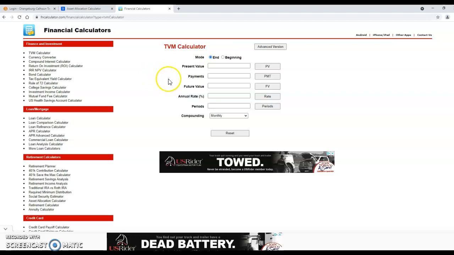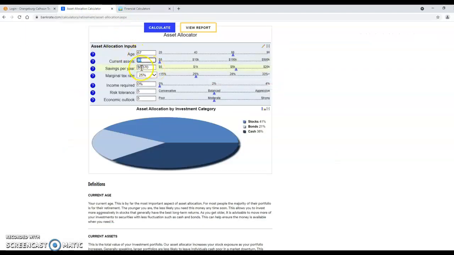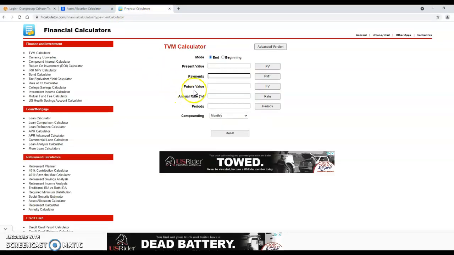They have a bunch, and this is the same as the Easy Calculators app you can put on your phone. We said that $65.70 is what we're going to put in each year. You want to make sure the compounding is set to yearly.